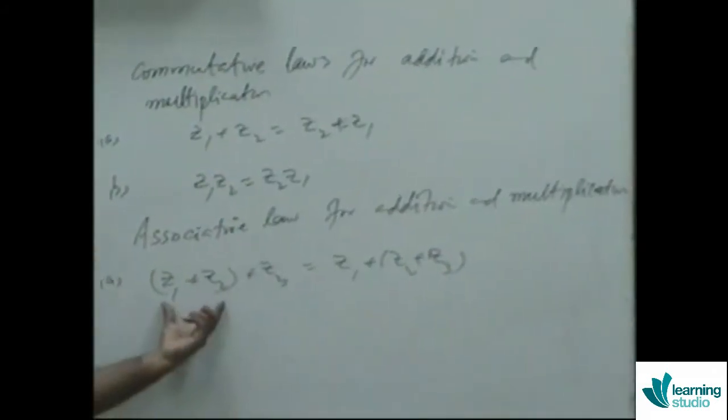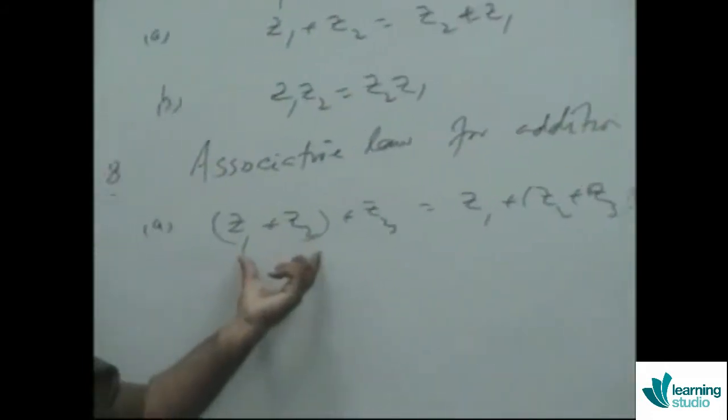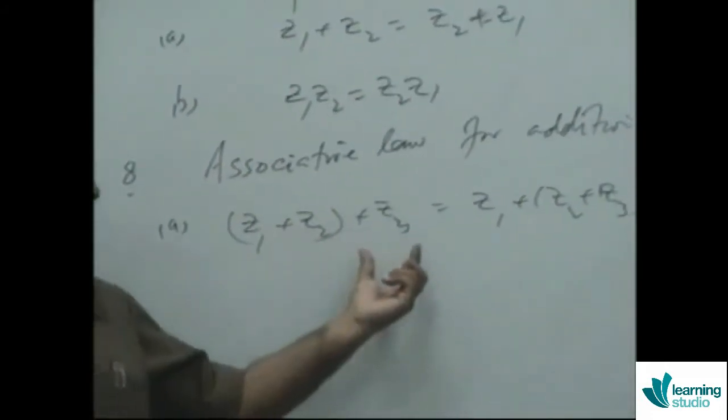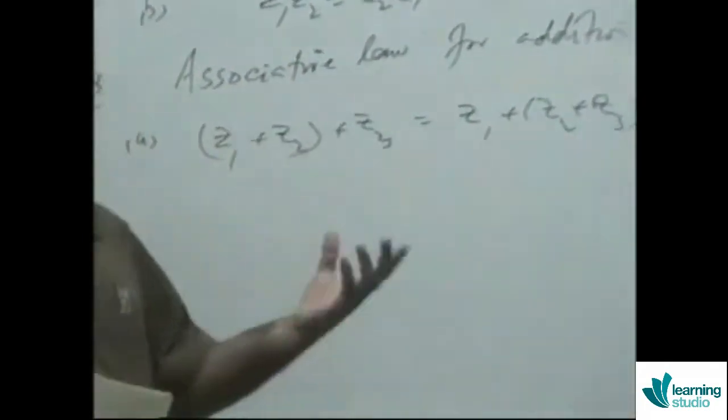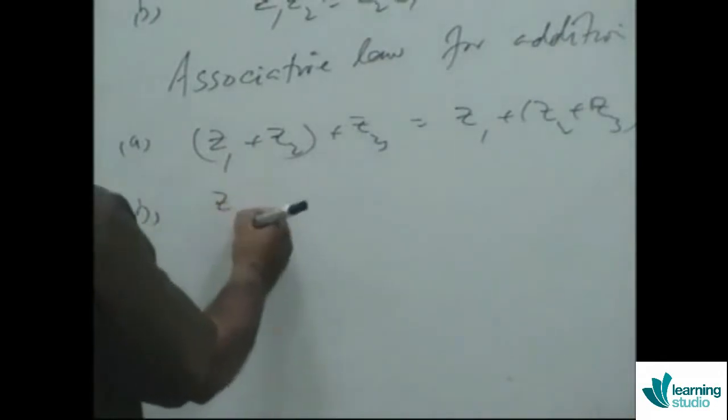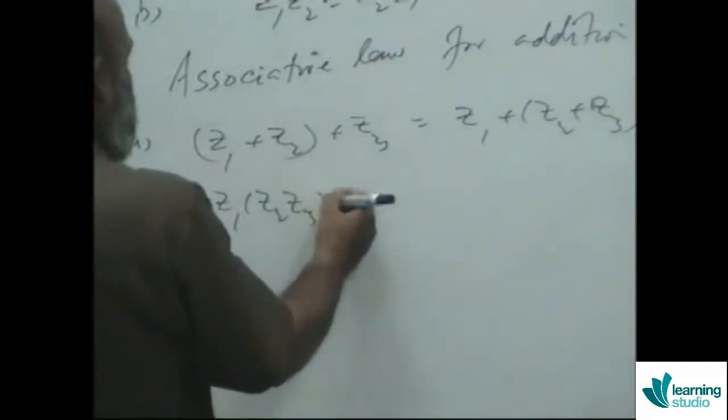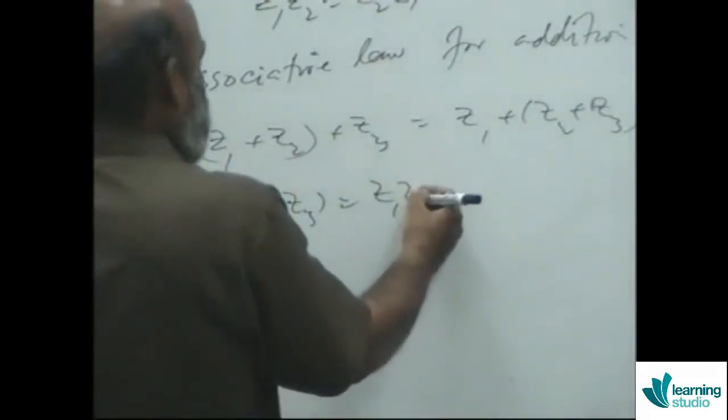That means first we add these 2 numbers, then Z3, or we add these 2 numbers first and then Z1, the answer will be the same. Similarly, Z1 into Z2, Z3 is Z1, Z2 into Z3. So this is associative with respect to multiplication, and this is associative with respect to addition.